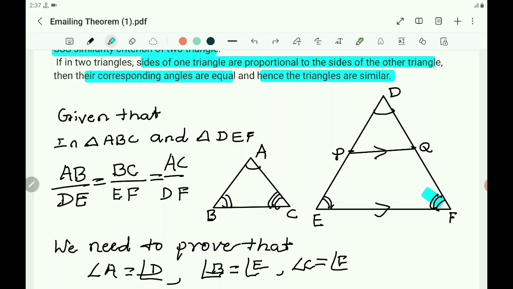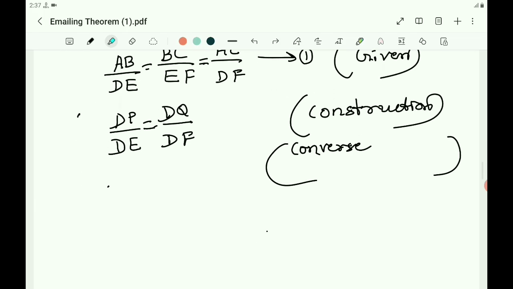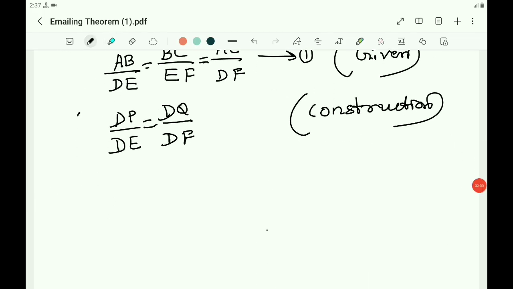Therefore, you can write what is parallel to what? You can write PQ parallel to EF.